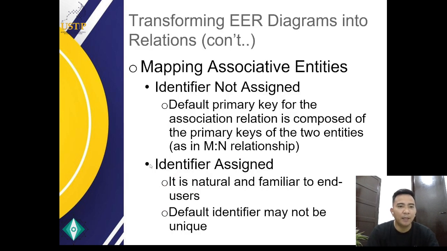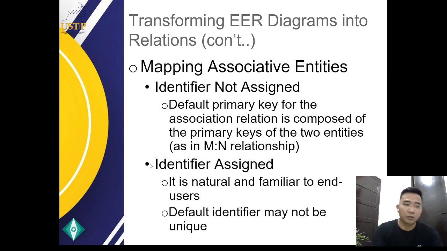Okay. So, mapping associative entities. When an identifier is not assigned, it will be resolved as a default primary key for the association relation.